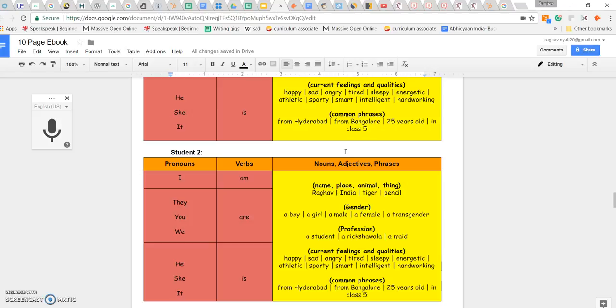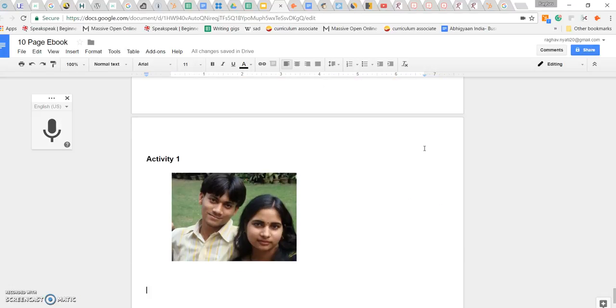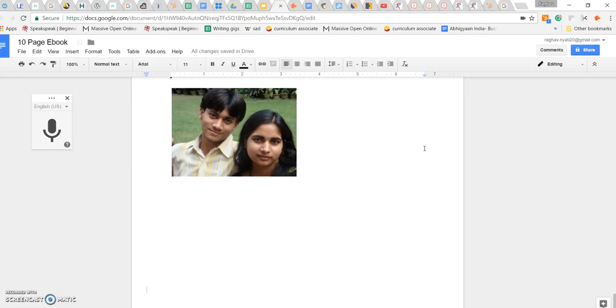Still, that would mean the world to your students, because he would be able to form a lot of sentences. So that is the whole idea behind this table approach, that it's very, very powerful. It's very easy for the student to understand and make sentences of his own.